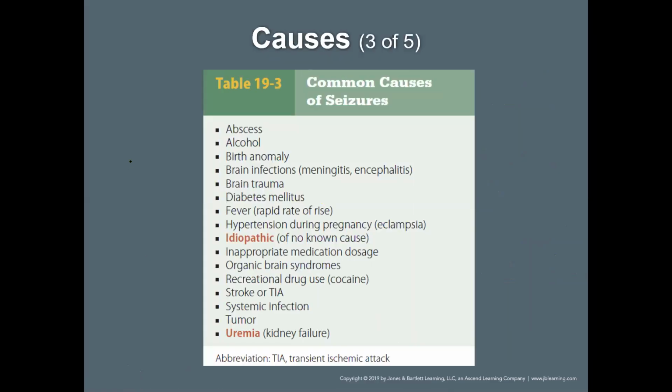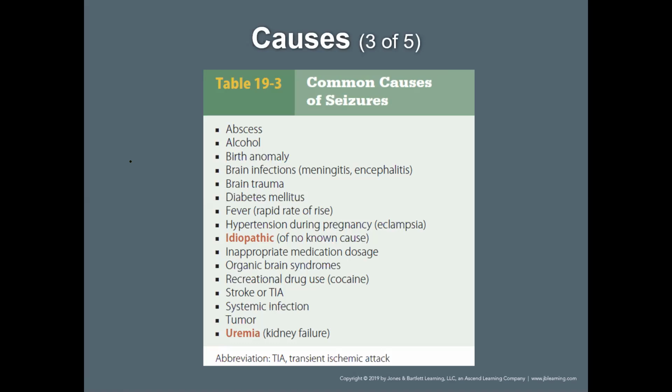So some causes: abscess in the brain, alcohol or alcoholism, birth anomaly, maybe in the brain infections like meningitis and encephalitis, trauma to the brain, maybe the scarring, or it's an acute thing and they suddenly have a brain injury and have seizures.